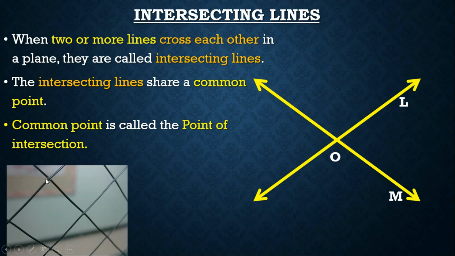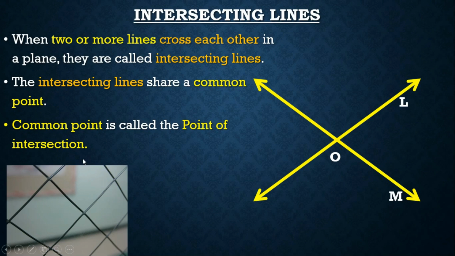Here are some examples. This is a grill which has lines intersecting at different points. This is line 1, this is line 2, this is one more line. They are intersecting at different points.